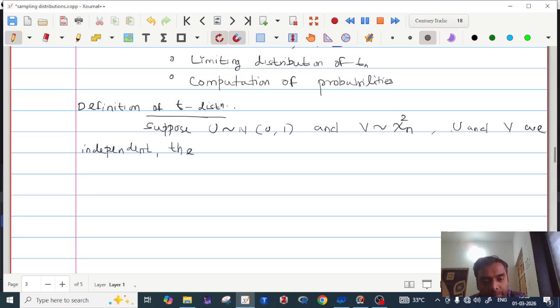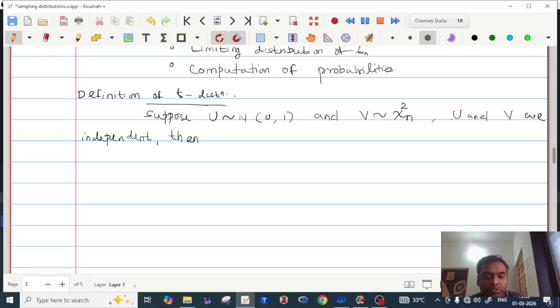Then the t distribution or t statistic is defined as t equals U upon under root of V upon n, which is nothing but normal 0 comma 1 divided by under root of chi-square n upon n.